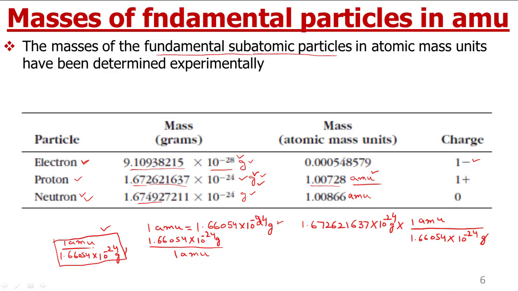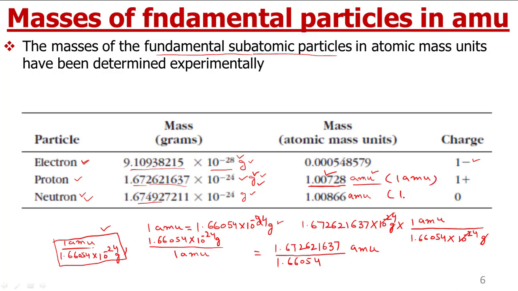This gram gets cancelled, and this 10 raised to the power minus 24 gets cancelled. So we have the mass of proton as 1.672621637 divided by 1.66054 AMU. If you solve it, it will come out to be 1.00728, or we can say it is approximately 1 AMU.